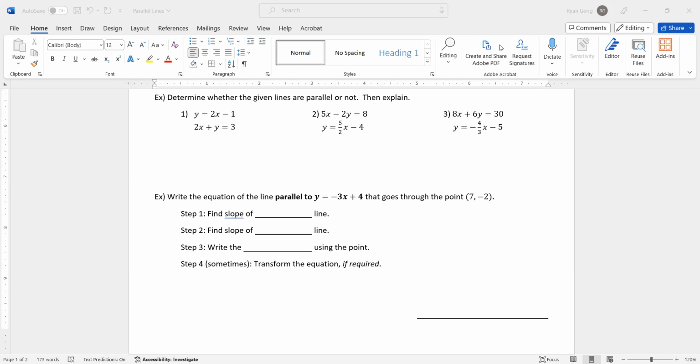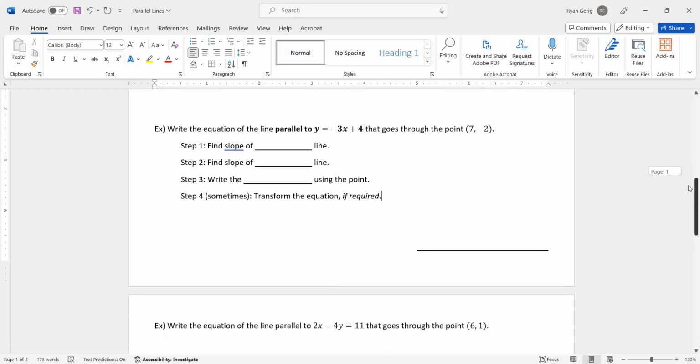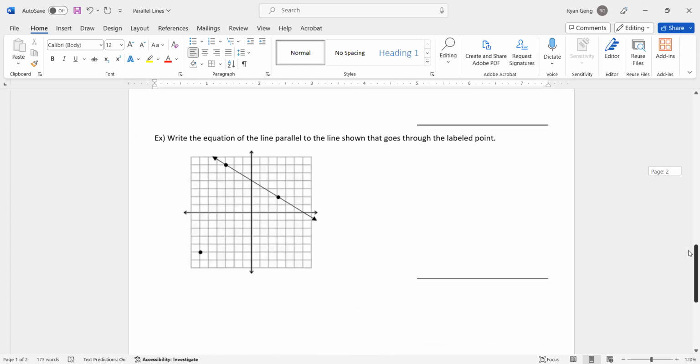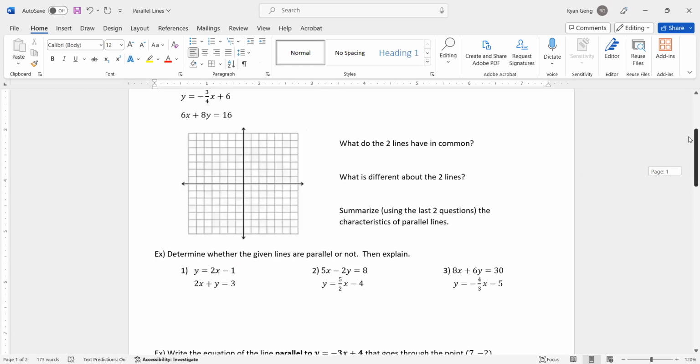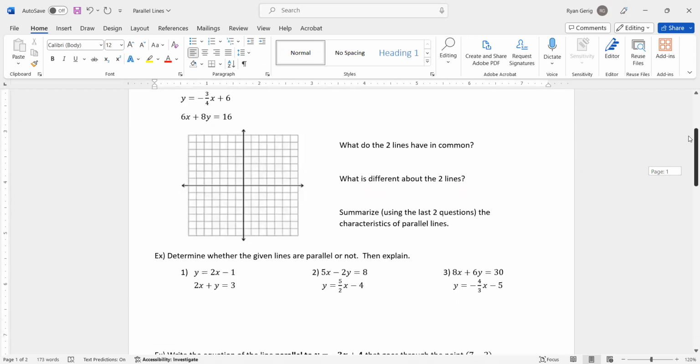What I'm going to do before I do this is I'm going to go down here and show you what we're doing. So parallel to negative 3x plus 4 that goes to the point 7, negative 2. And there, I'll use that graph right there. So negative 3x plus 4, down 3, right 1. This is the line that was given to us.